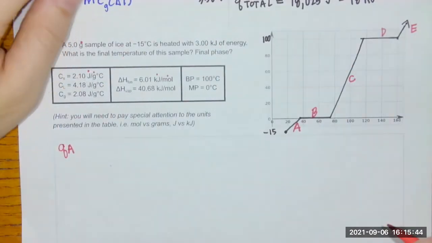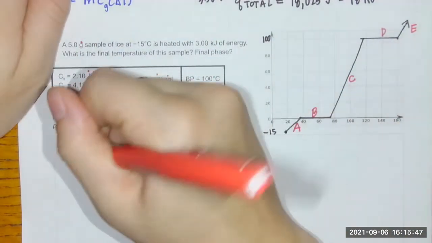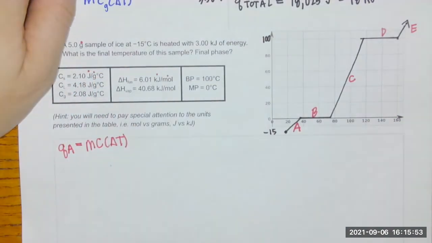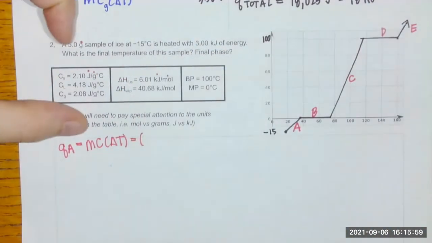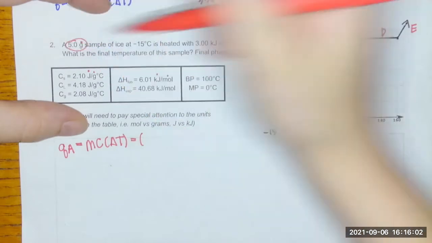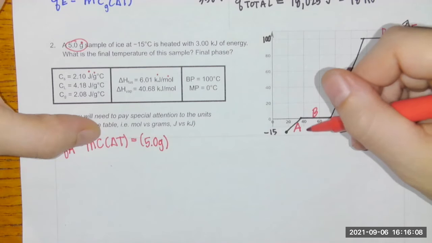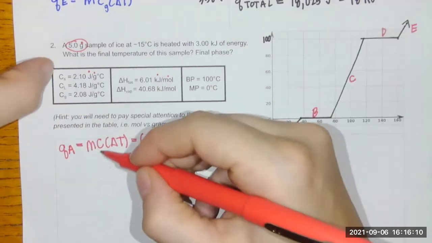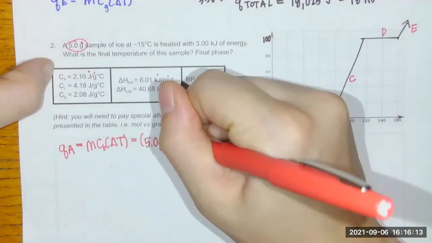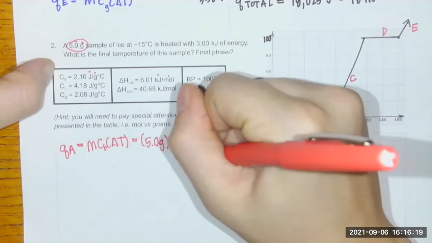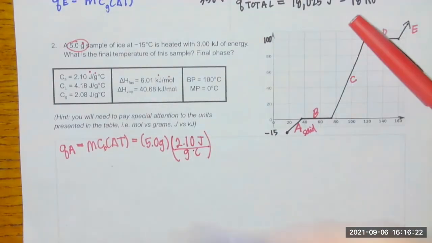Section A is a diagonal portion, and the formula for those is MC delta T. M is the mass. It's telling me that I have 5 grams. C of the solid section, Cs, is 2.10 joules per gram Celsius, which is good because that will get my grams and grams to cancel.